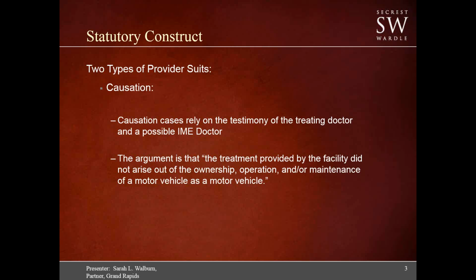It's still the provider's burden to prove that these charges are reasonable, these charges are customary, and the care and treatment provided was reasonably necessary. So we have to be careful in adjuster depositions that they're not trying to switch that burden of proof.